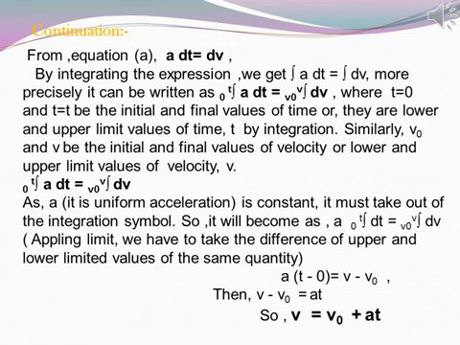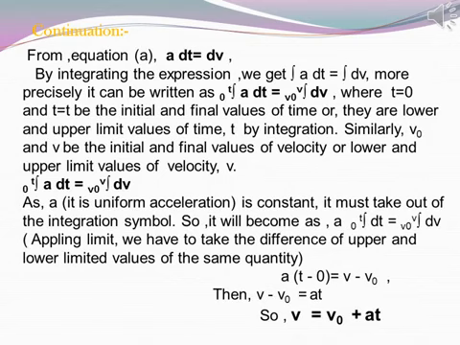Similarly, v0 and v are the initial and final values of velocity, or lower and upper limit values of velocity v by the integration. Then integration from 0 to t of a dt = integration from v0 to v of dv.